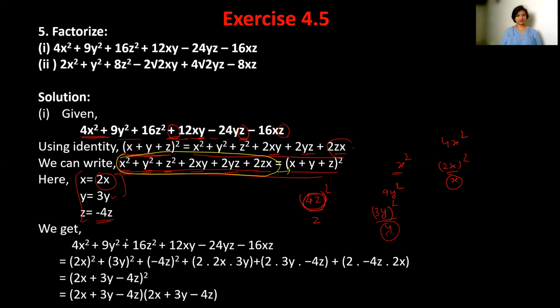Y square means (3y) whole square, plus z square means (minus 4z) whole square, plus 2xy, so 2 into 2x into 3y, plus 2yz, plus 2zx. Here we are putting these values.